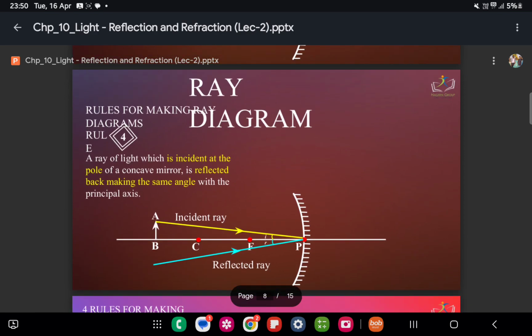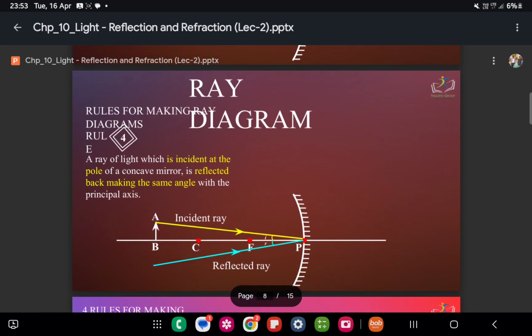Next, we are coming to the fourth rule. The fourth rule expresses that a ray of light incident at the pole will be reflected back making the same angle.